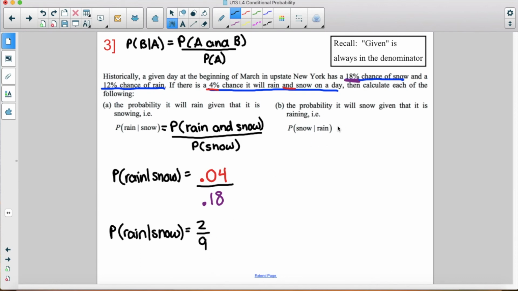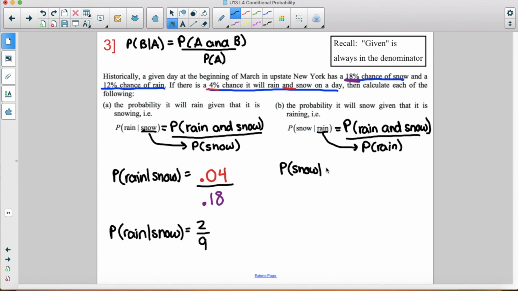Now let's look at the second one. So the probability of snow given rain. So I'm just going to write it out. So the probability of rain and snow over the probability of rain, because the second one always goes into the denominator, the given. So probability of snow given rain is equal to, we already found the probability of rain and snow.